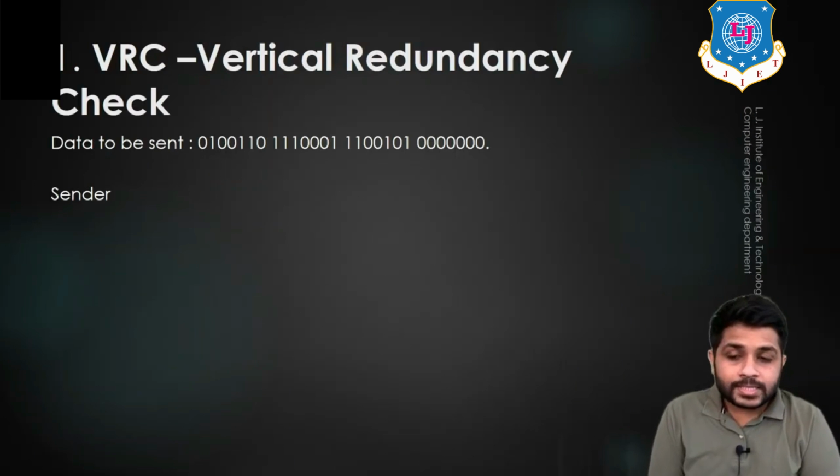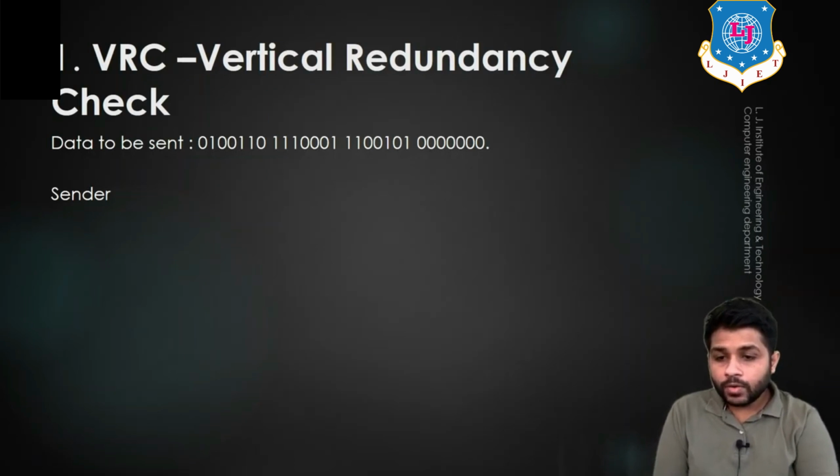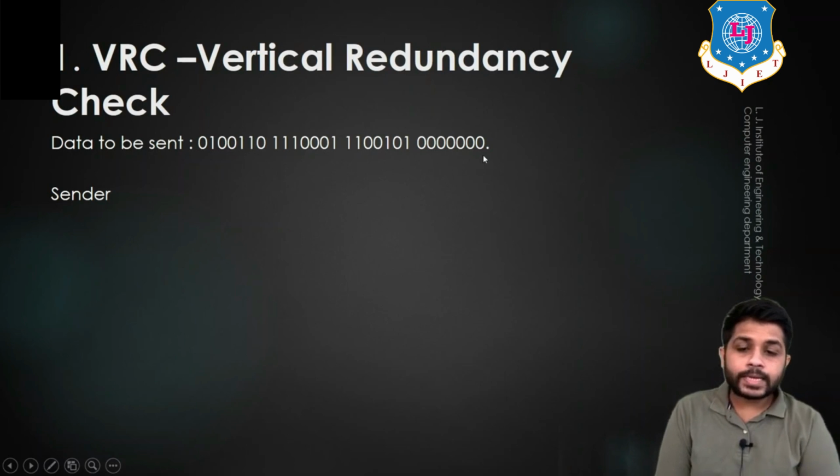Now we can see that in the VRC method we have some data to send. The length of the data that you can see is 28 bits. So the sender is interested in sending 28 bit data. We know that we are not going to send this data directly.